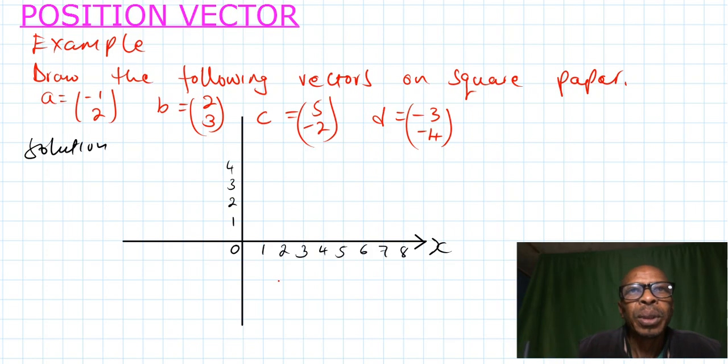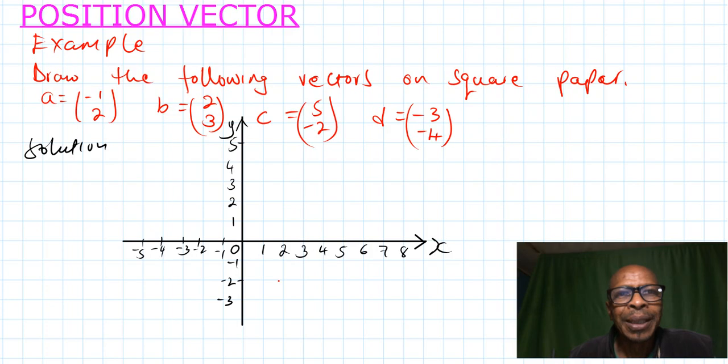Now this is our y, so we can say that is 5. Then we have minus 1, minus 2, minus 3, minus 4, and minus 5. We have minus 1, minus 2, minus 3, minus 4.